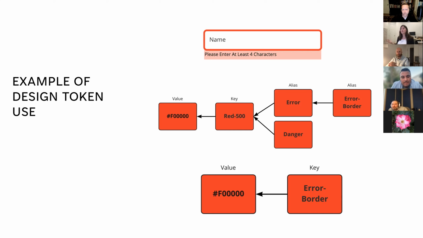We're calling it error-border. And once all of our token references are resolved through the chain, in development, error-border equals our lovely hex value that I don't want to say. Just say it. Come on.